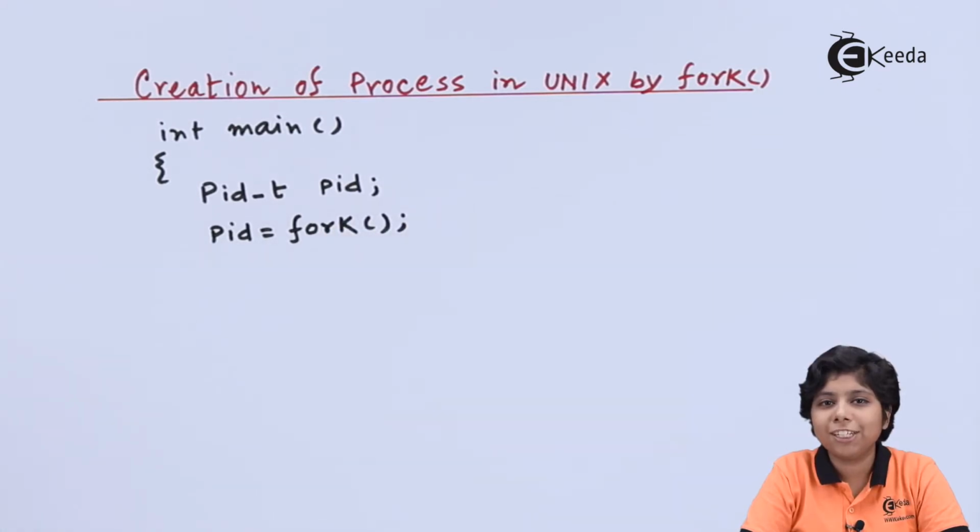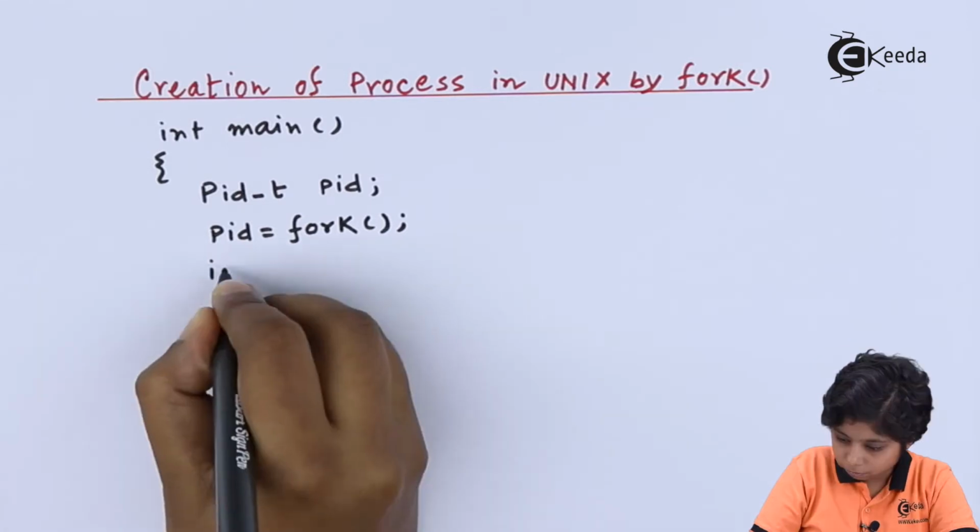First, we are declaring an instance of pid_t, that is the process ID type, as the variable pid. Now this pid gets the return value from the fork system call, which is actually creating a child process by the parent process.